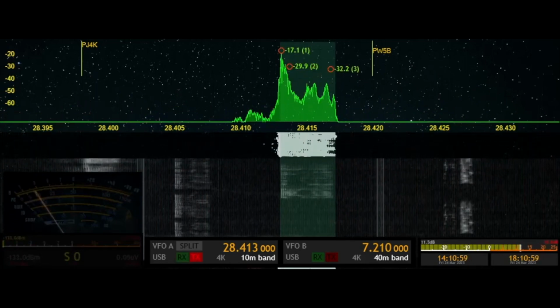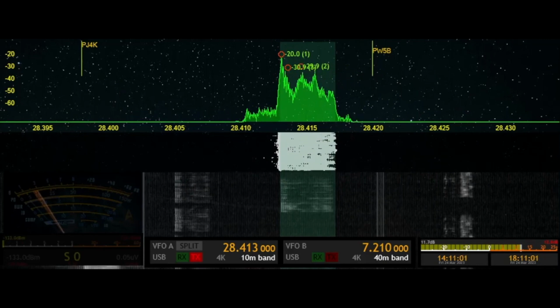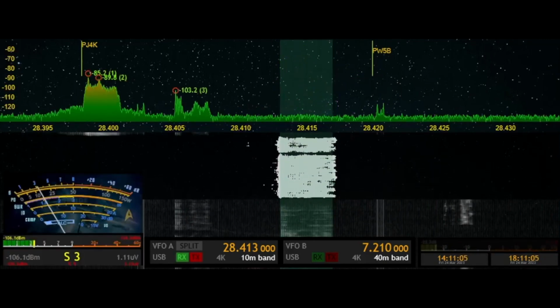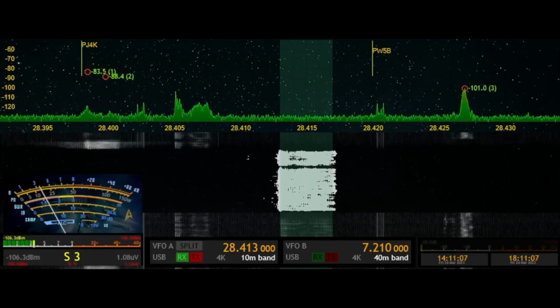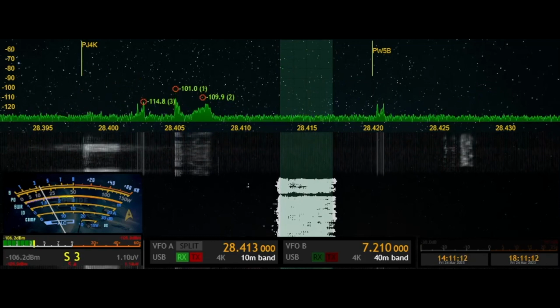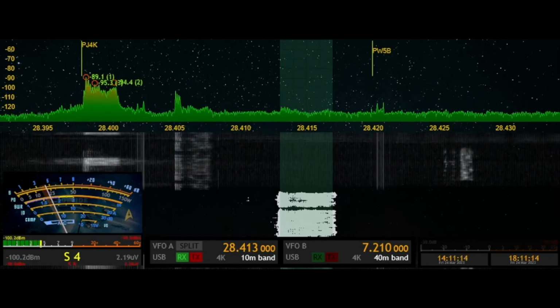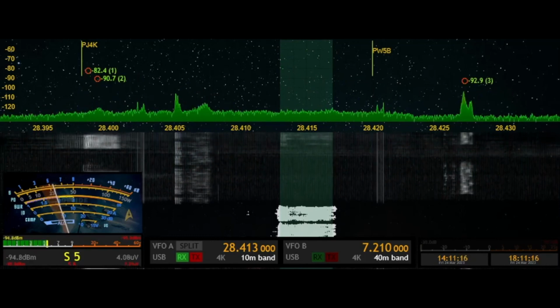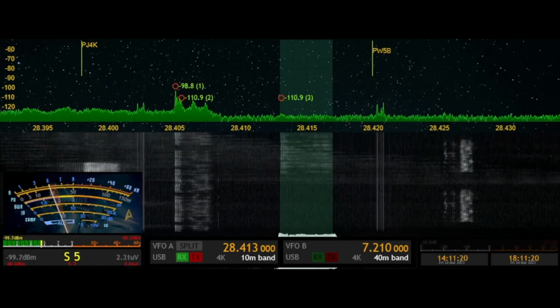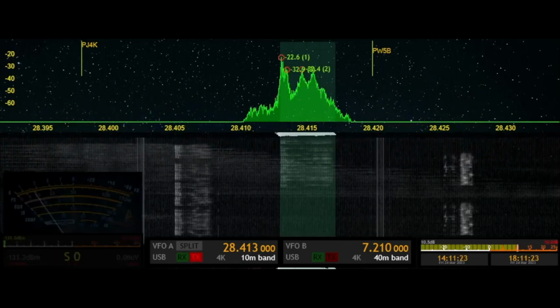Okay, it's getting worse, so probably around 100. Try 80 Hertz. Okay, this is 80 Hertz, N4VFR, coefficient frequency testing. How do you copy? Much better.